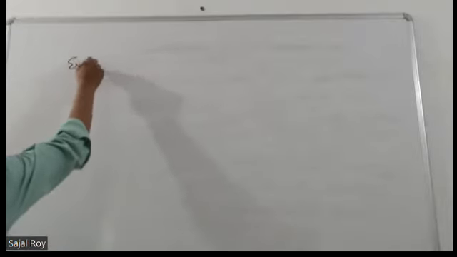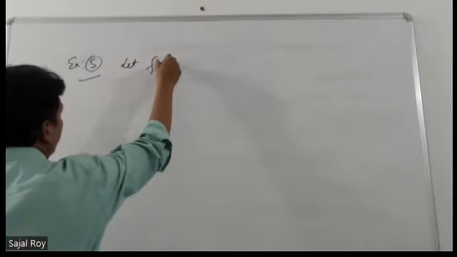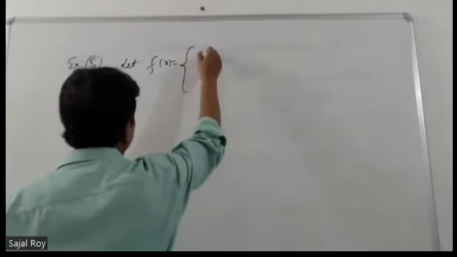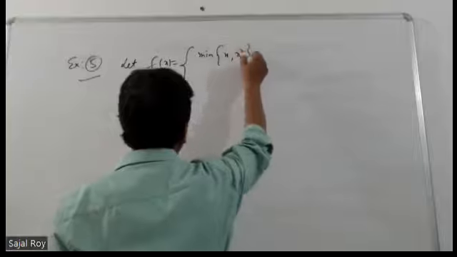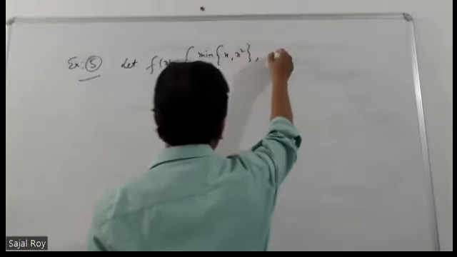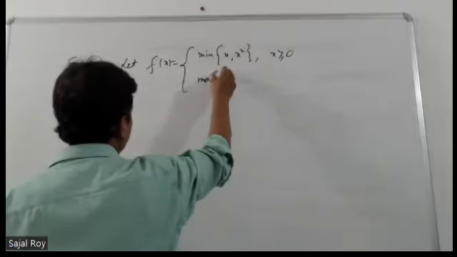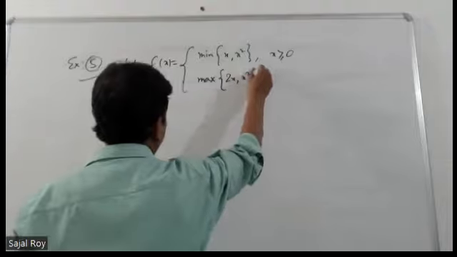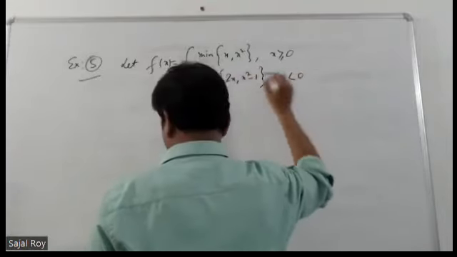Next, more problems. Let f(x) equal to minimum of x comma x square, for x greater than or equal to 0, and max of 2x comma x square minus 1, for x less than 0.